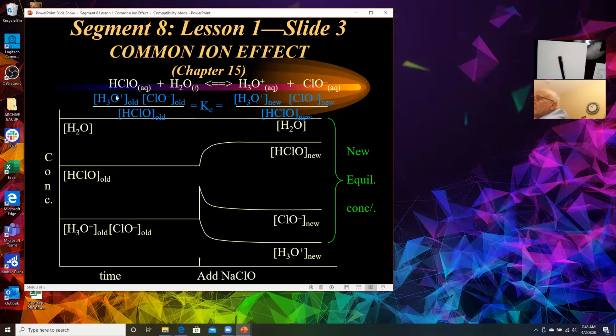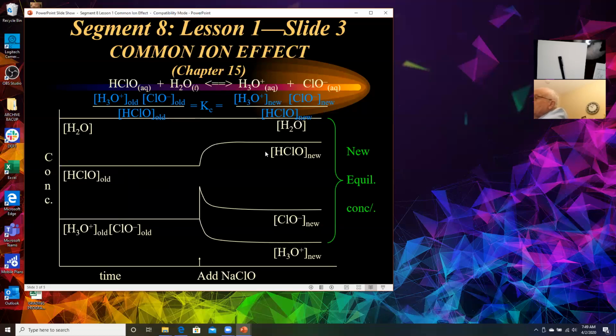And so the old concentrations put together this way, with hydronium and hypochlorite over hypochlorous acid, would be a constant. Similarly, the new concentration will do the same thing. It'll be equal to the same constant. Again, remember always that only the temperature and the presence of a catalyst are able to affect the numerical value of the equilibrium constant.